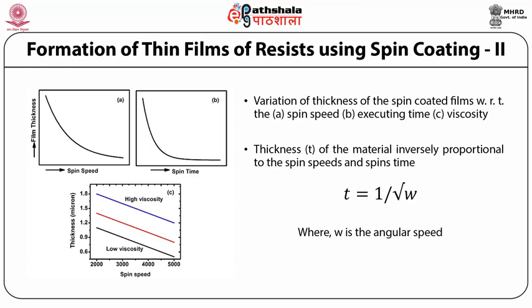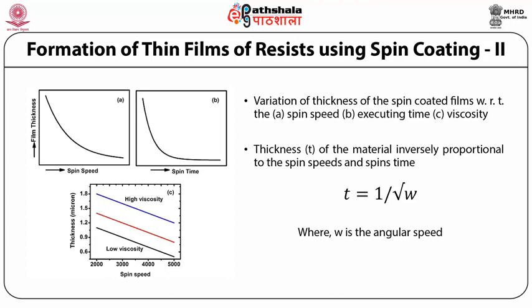Centrifugal force, viscous force and evaporation rate of the solvent are the forces involved in the spin coating process. The thickness of the film depends on the viscosity and concentration of the solution.